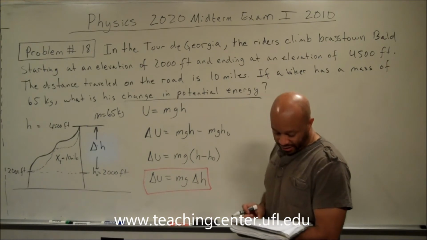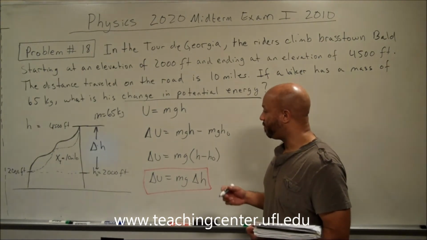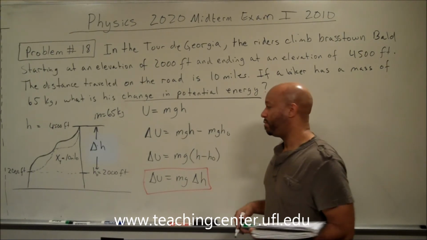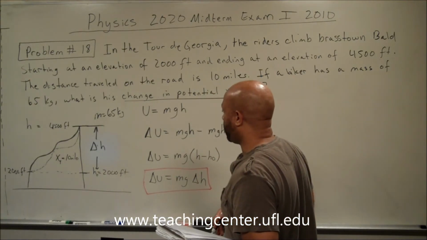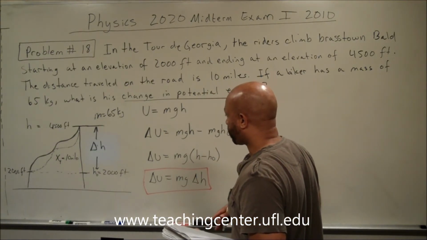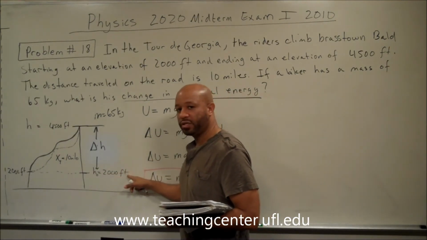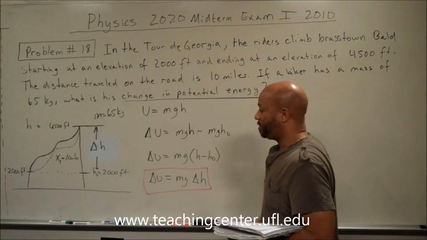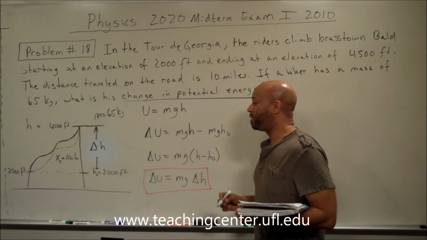So everything is going to be converted into SI units, and we need to convert this English unit, feet, into the SI unit, meters. That's what we need to do first.